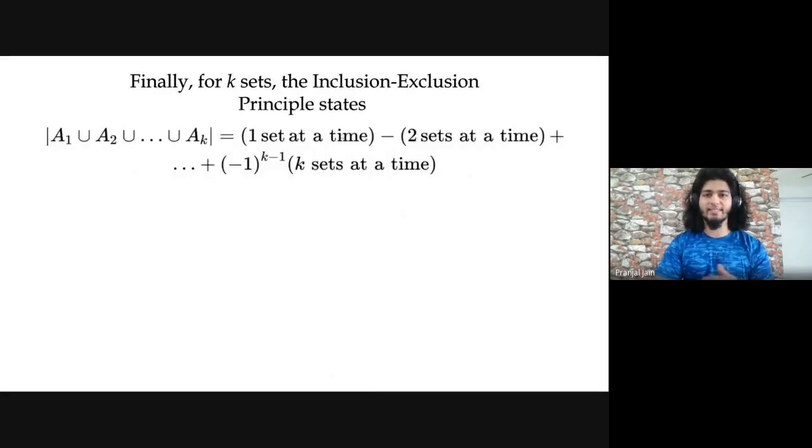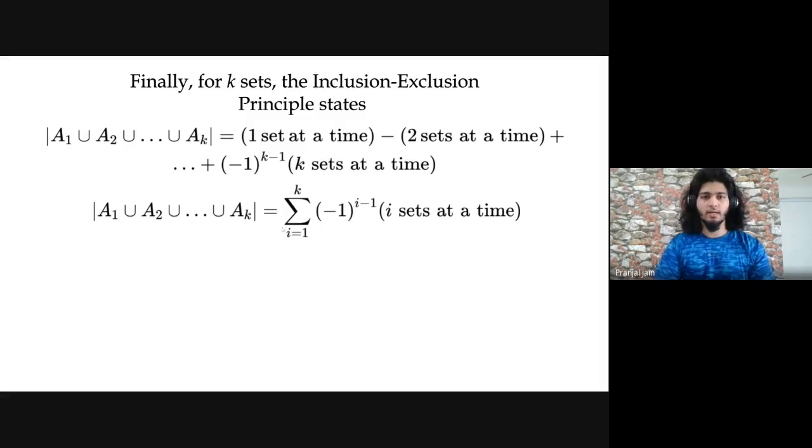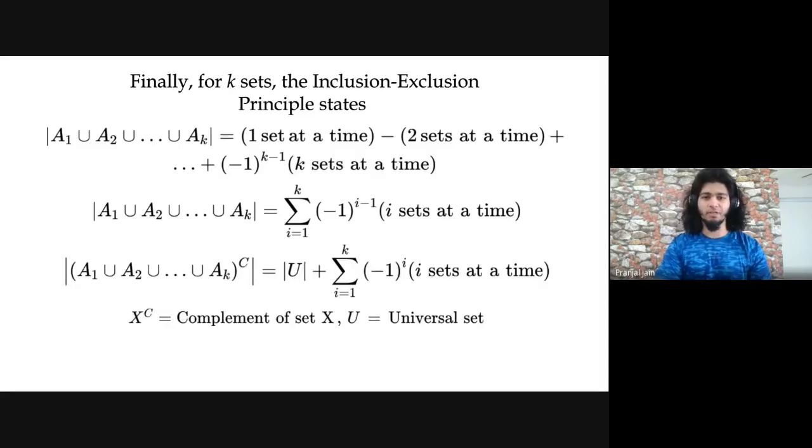So you can generalize it by continuing this pattern. You have one set at a time, minus two sets at a time, plus three sets at a time, minus four sets at a time, and so on. And you can go all the way till k sets at a time, where k is the total number of sets you have. And this basically gives you this nice summation identity, but the common form we use it in is this complement form.